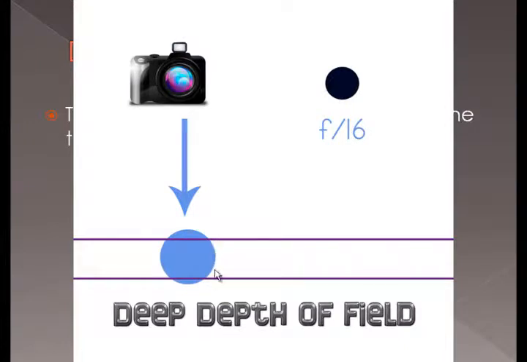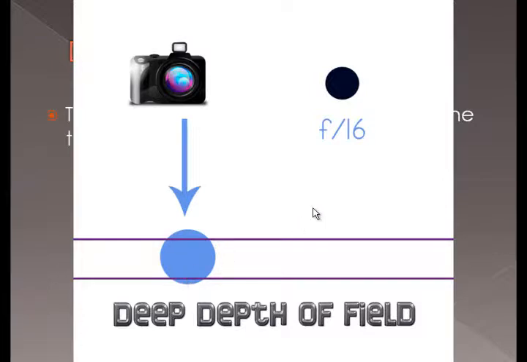There's a wider space between these two lines, so more of our subject is going to be in focus. So that's a deep depth of field. It goes from here down deep to here to be sharp and in focus. So the smaller the hole, the less chance of blurring, and everything's going to be sharp, and you're going to have a deep depth of field.